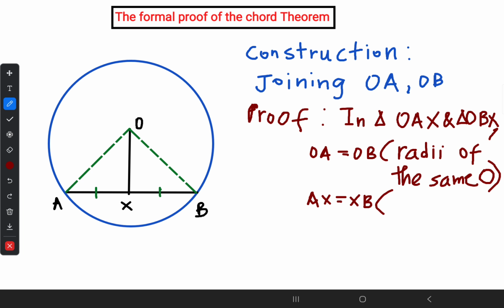What is the reason? Because X is bisecting. X is the midpoint. That is enough. If X is the midpoint, that will bisect.